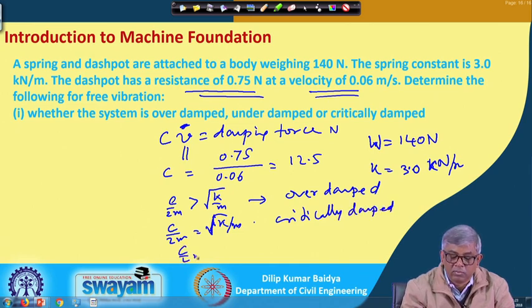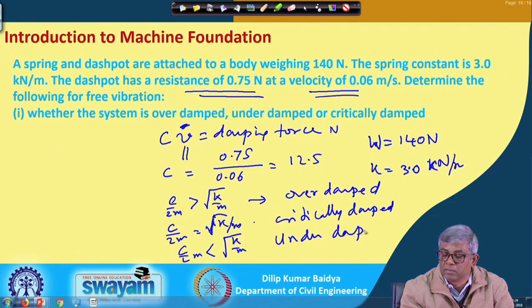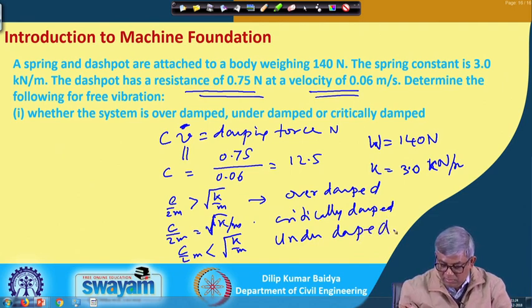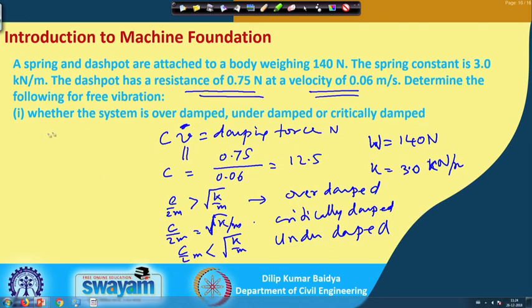And when C over 2m is less than under root k by m, that is under damped. So, we can find out this value C over 2m, where C is 12.5.